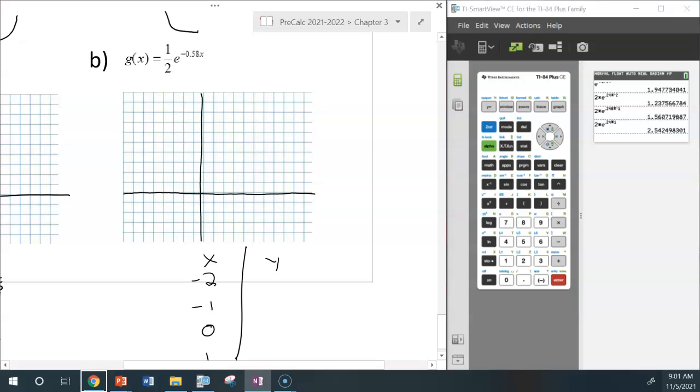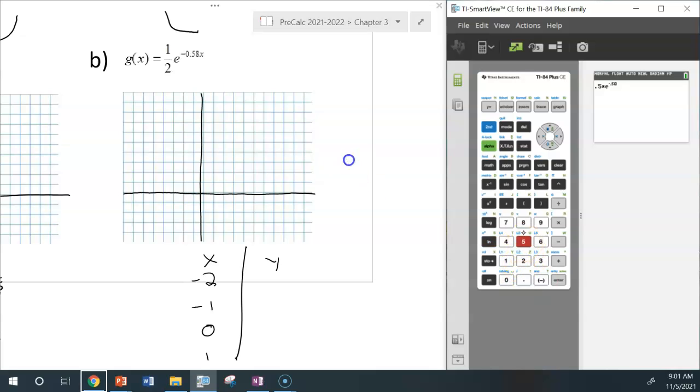And let's punch this into our calculator. So I'm going to clear all of this. I'm going to do 1/2, that's 0.5, times e to the negative 0.58 times -2. And I get 1.595.